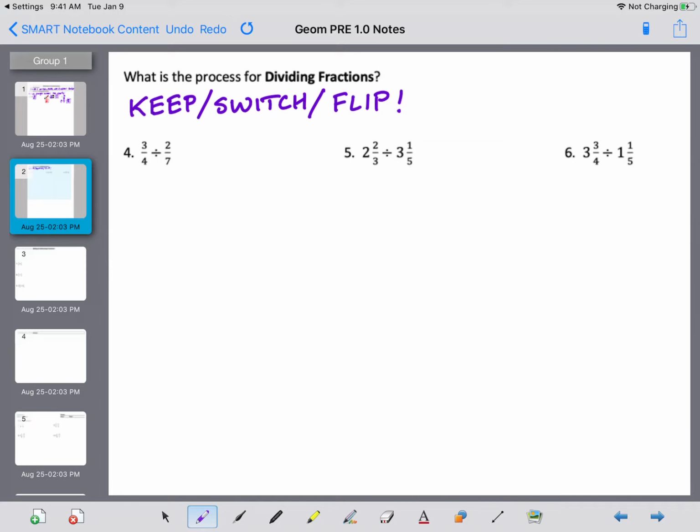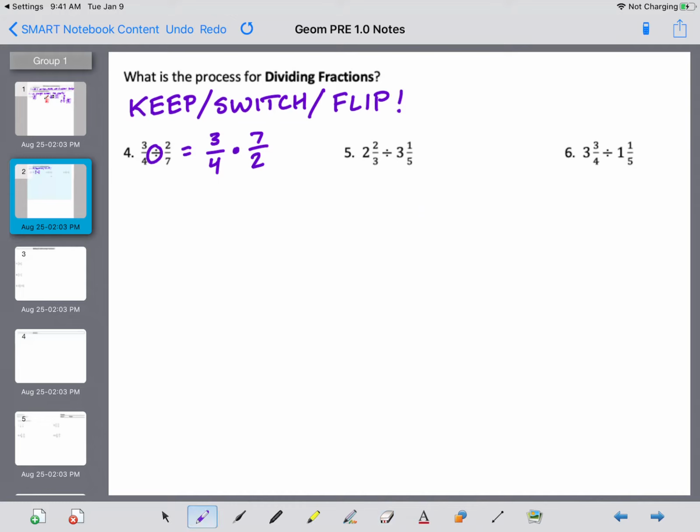What that does is it turns your division problem into a multiplication problem. What we mean by keep is you keep the first fraction the same. For example, we're going to keep this as 3/4. We switch this division here to multiplication, and then we flip the second fraction. So we're actually going to multiply by 7 over 2.